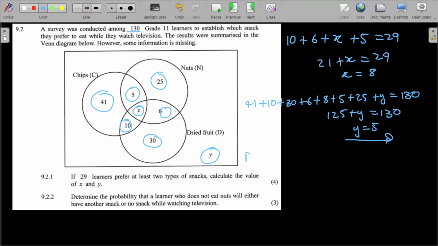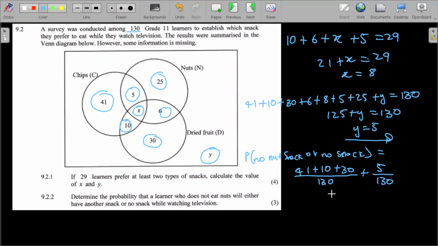Now, the probability of no nuts snack or no snack at all is going to be equal to, for no nuts, 41 plus 10 plus 30, over 130, plus no snack at all, it's 5 of them divided by 130, which is the answer. From there it's going to be 43 over 65.